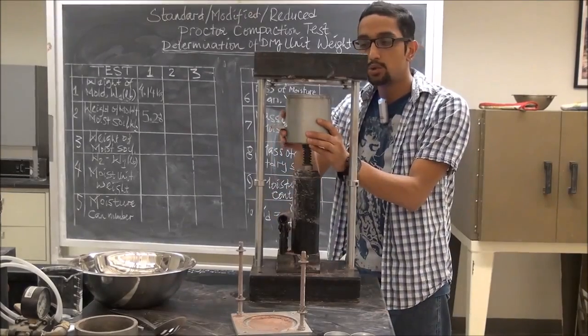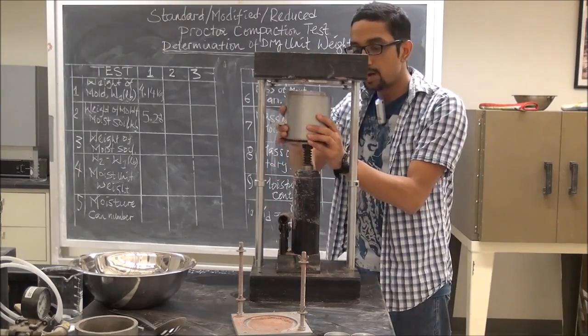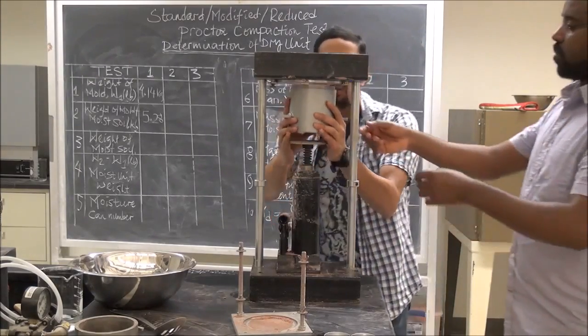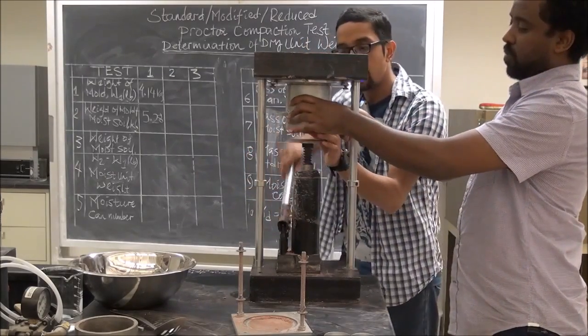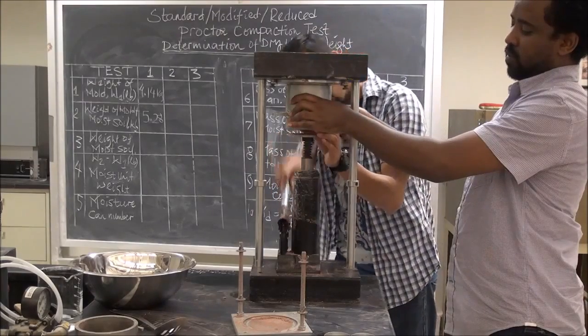So the next thing to do is to extrude your soil sample from the mold, which I can do by the help of this ram. So I'll place my sample over the ram. Someone has to hold it from the top, and I'll crank the handle of the ram so that it pushes the soil up and extrudes the soil.